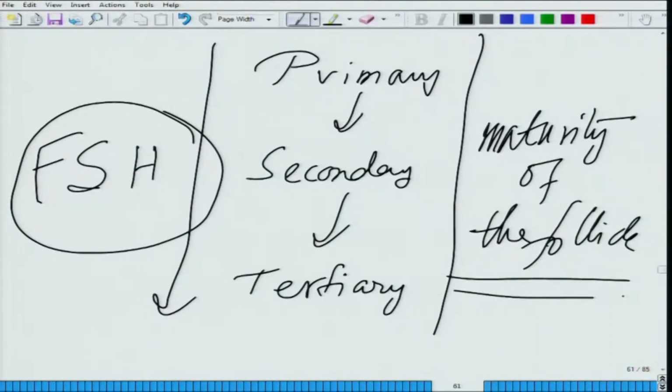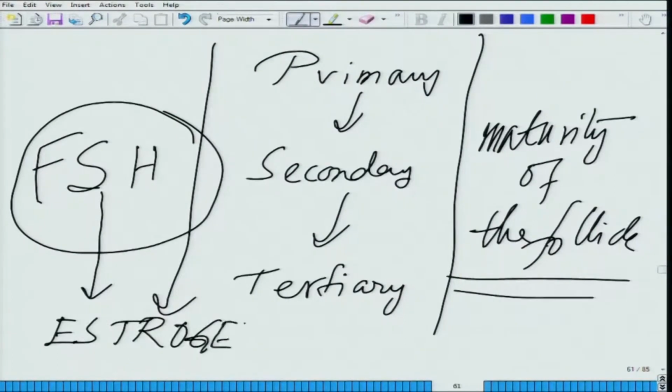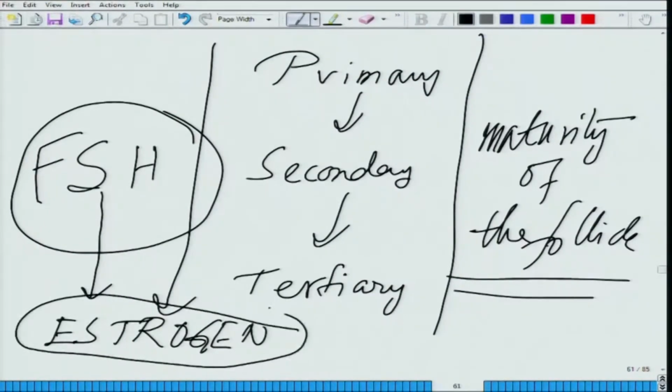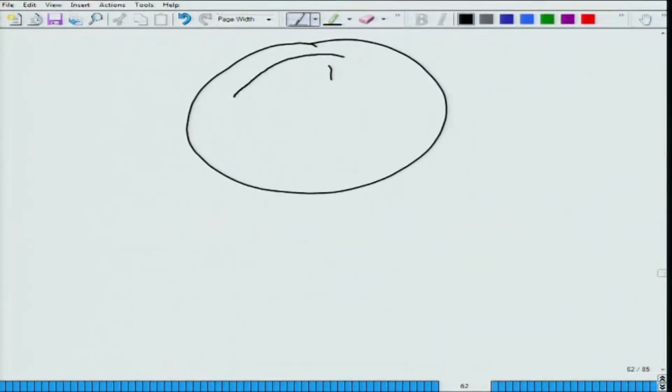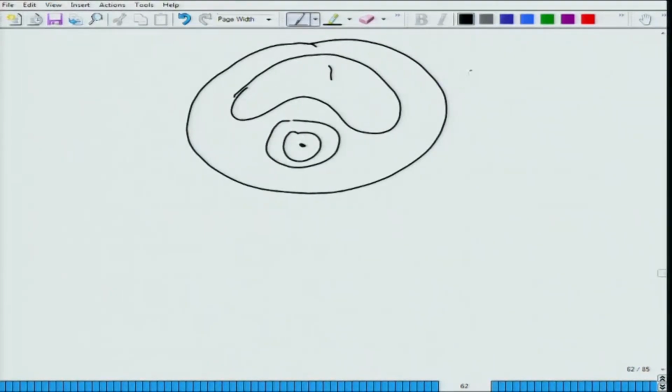And it does so because FSH leads to the secretion of estrogen. It is the estrogen secreted by these cells in the ovary which leads to the maturity from primary, secondary to tertiary. After the tertiaries are formed, it leads to another level of maturity, which is basically the formation of the Graafian follicle.